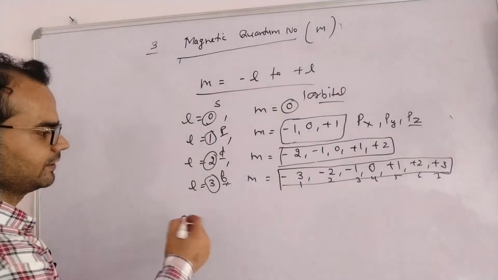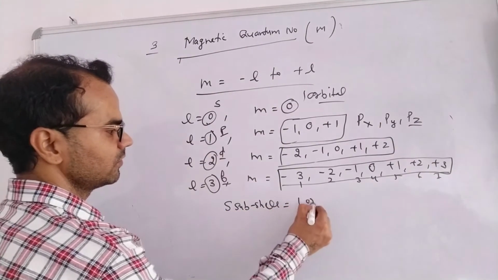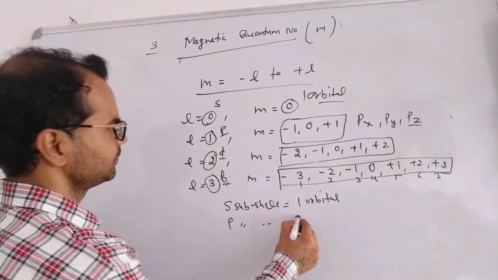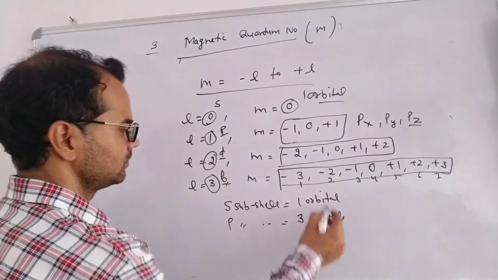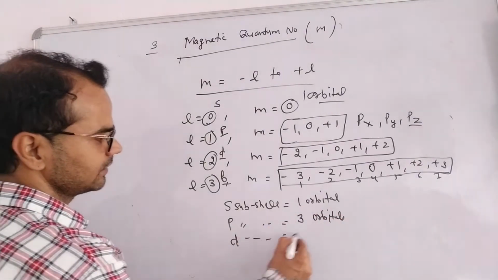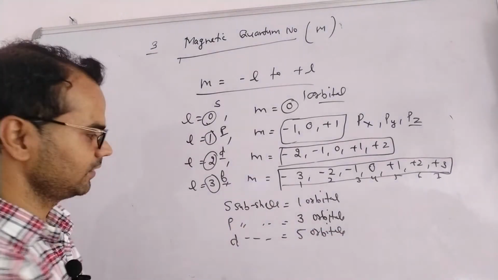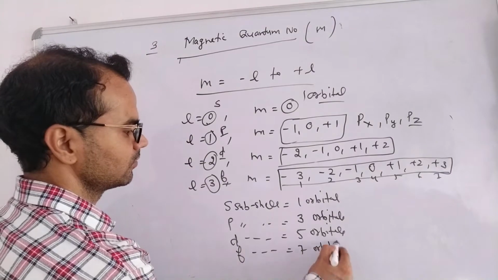So what did we conclude? The s subshell contains 1 orbital, the p subshell contains 3 orbitals, the d subshell contains 5 orbitals, and the f subshell contains 7 orbitals.